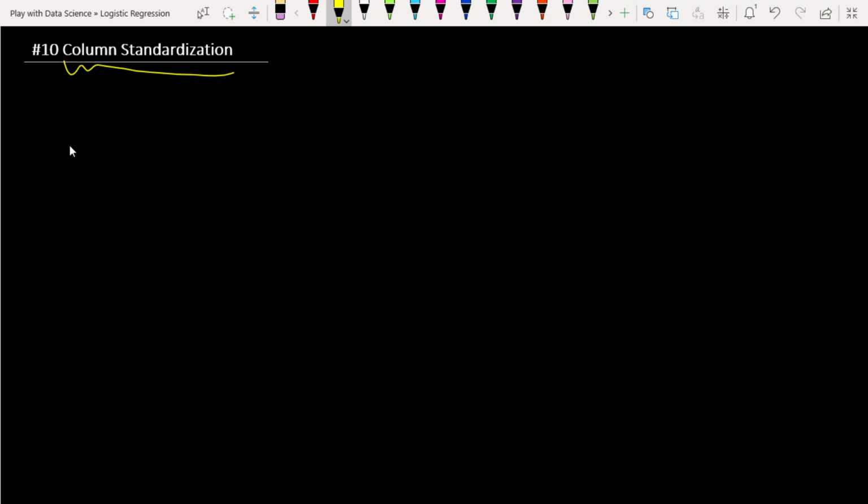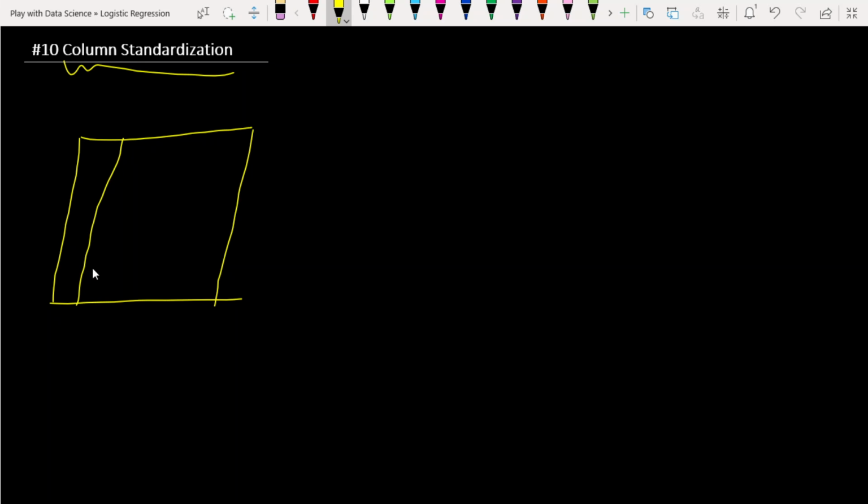Now let's consider a data set. Suppose we draw a table, and these are our features. This column is feature 1, this column is feature 2, this column is feature j, and suppose this last column is feature d.